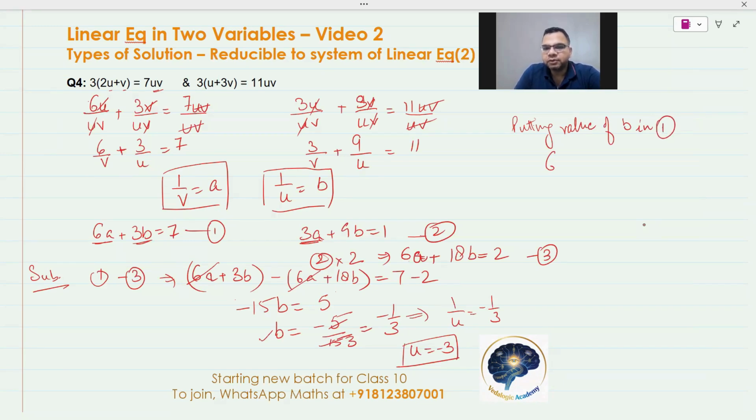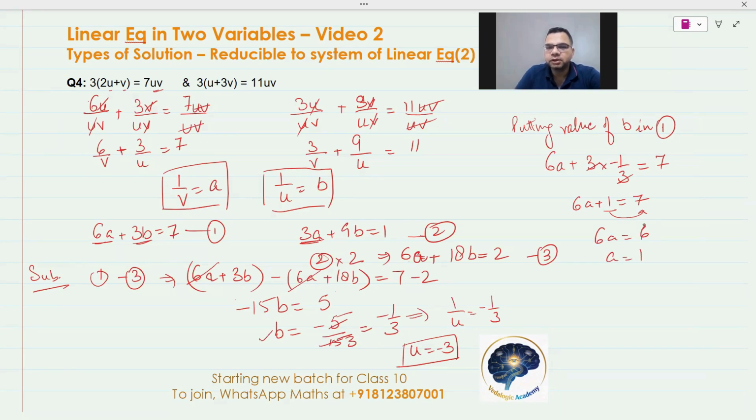So this becomes 6a plus 3 into minus 1 by 3 equals 7. So this gets cancelled. So 6a plus 1 is 7. If I take this plus 1 to the right hand side, it becomes minus 1. So this becomes 7 minus 1, which is 6 again.